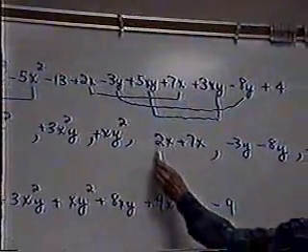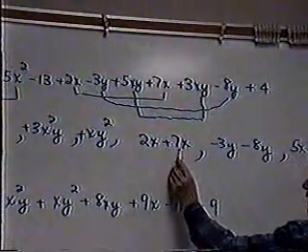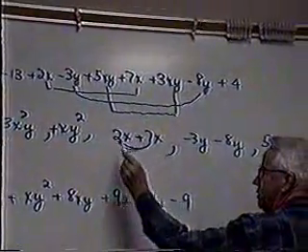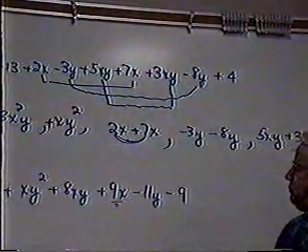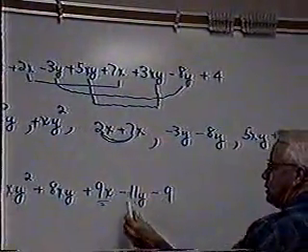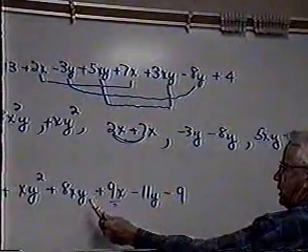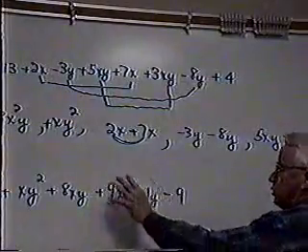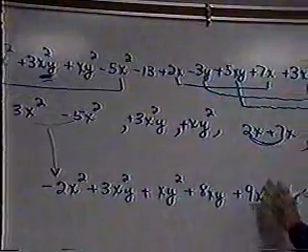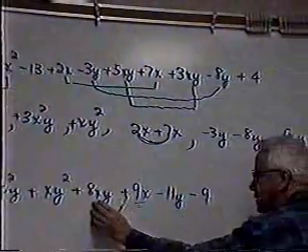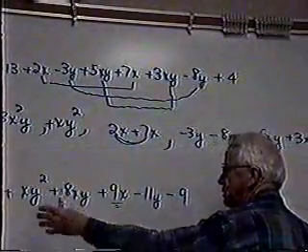Then adding the x's, we have a plus 2x and a plus 7x, which is adding the coefficients, a plus 9x. Now notice in my answer I put my x, y's in first. I'll talk about that. It doesn't make any difference which one you write down first. Just add the x's to the x's, the y's to the y's, the xy's to the xy's, and so on and so forth.